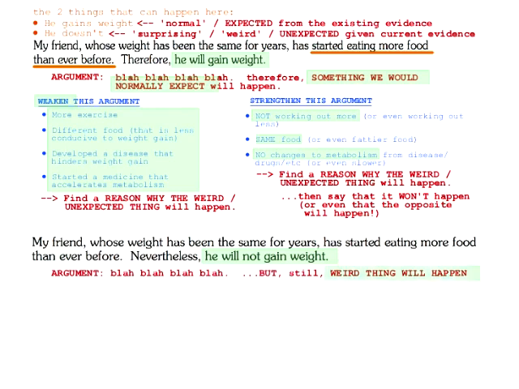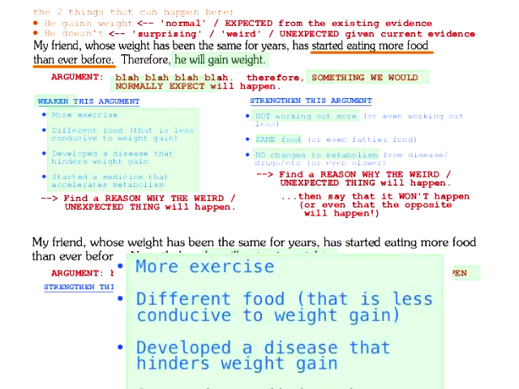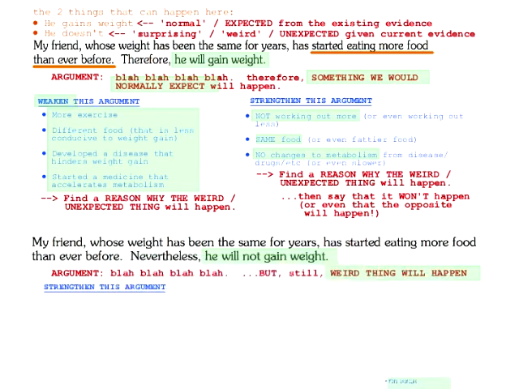Now, if you want to strengthen that, you would do that by finding the same things that would weaken the argument upstairs, and you would raise them as issues.